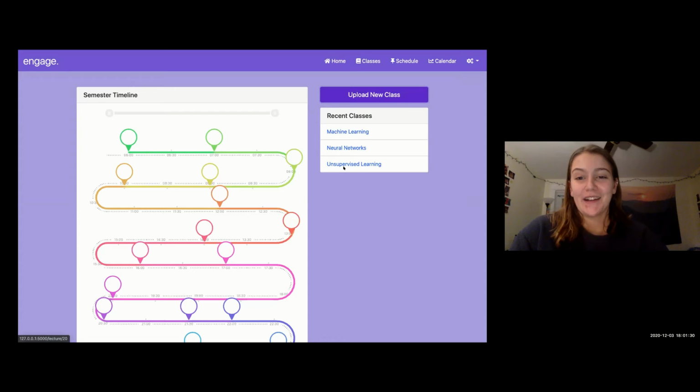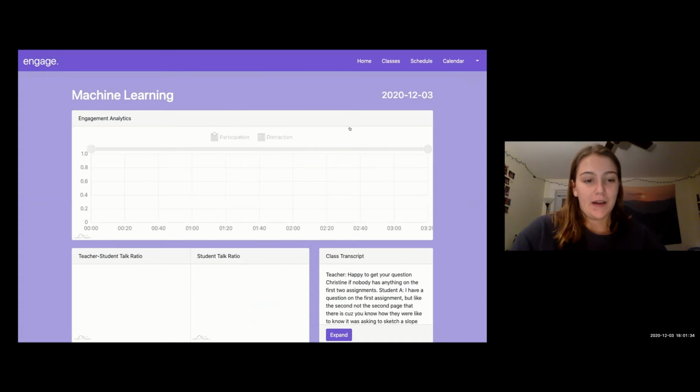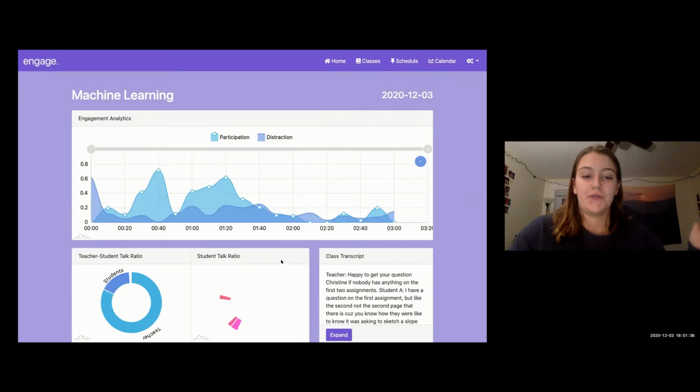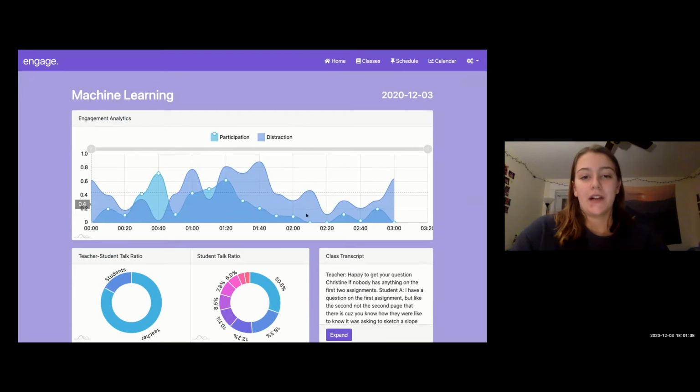This would be the data visualization for each class that they would upload. I had originally envisioned this being the main hub of the analytics, analyzing things like participation, detecting where there's distractions.